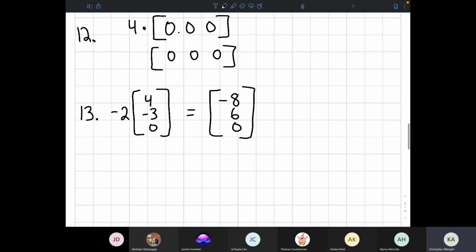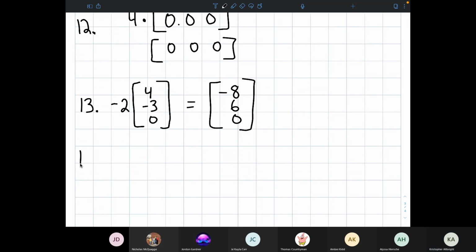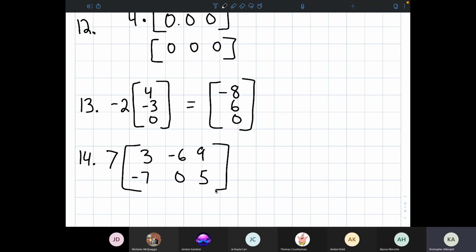So we will work 14 and 15, and then we'll move on. 14 is 7E. Okay, so when we multiply in here, we're going to get a matrix of the same shape, which is not always the case.